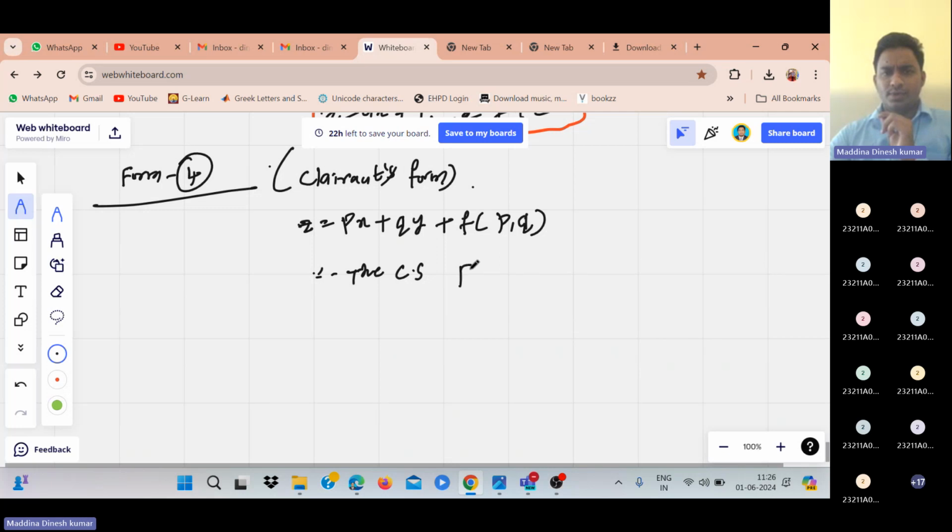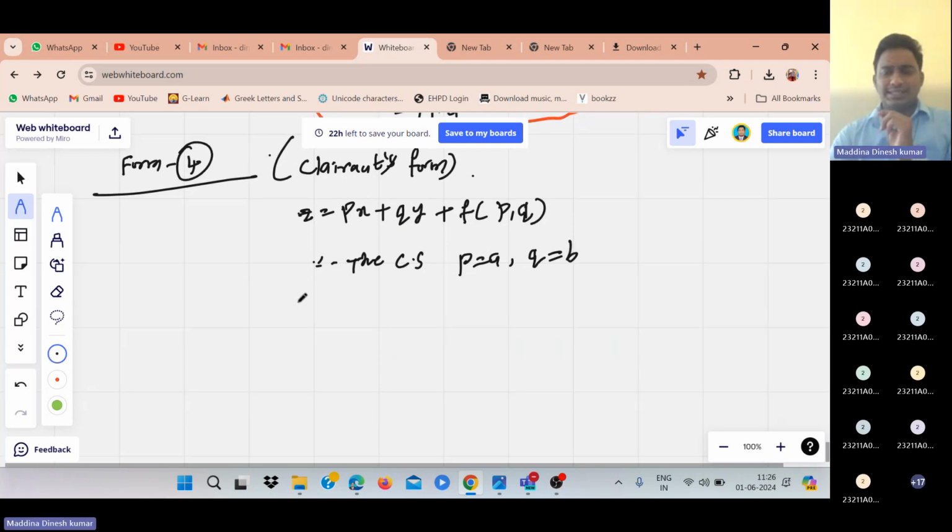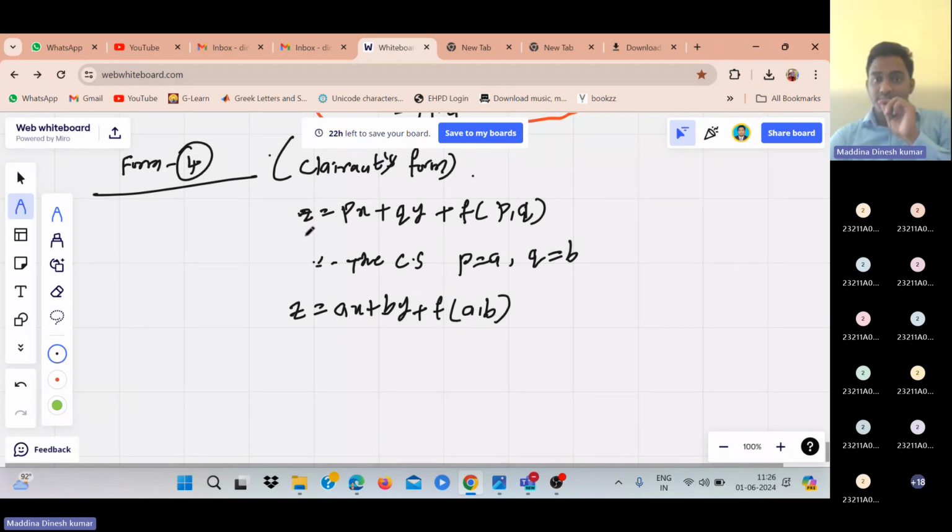In place of P put A, in place of Q put B. So that is Z equal to Ax plus By plus f of A comma B. So suppose the given partial differential equation is of the form Z equal to Px plus Qy plus f of P comma Q, that means a function in terms of P and Q only.